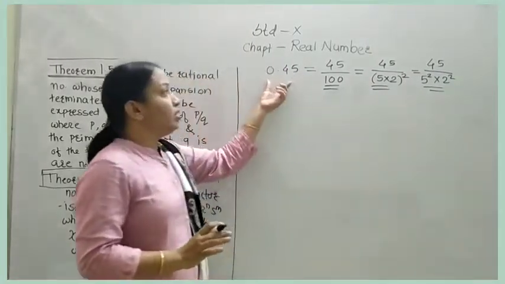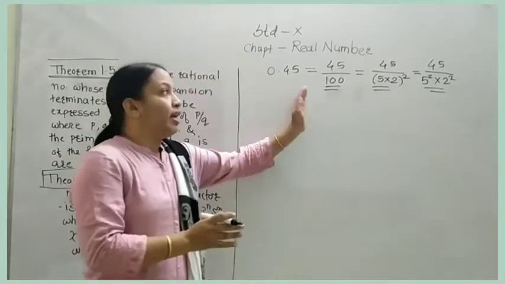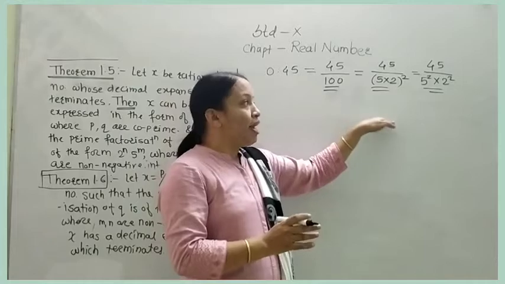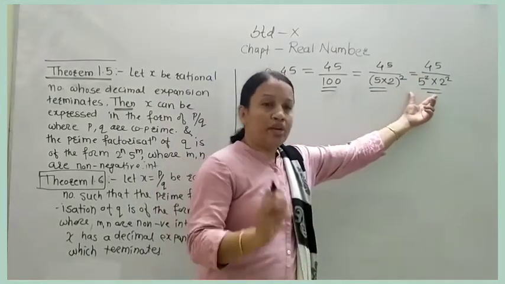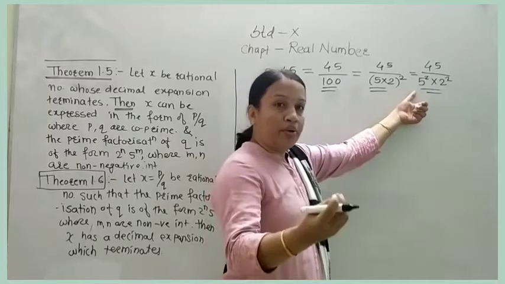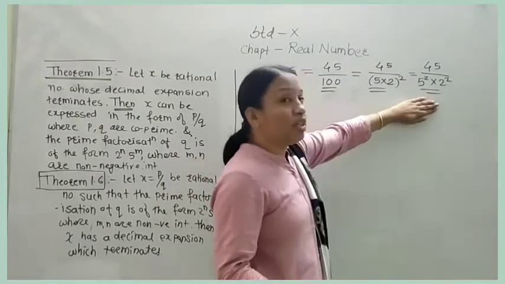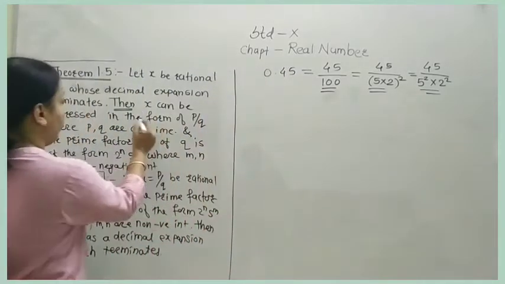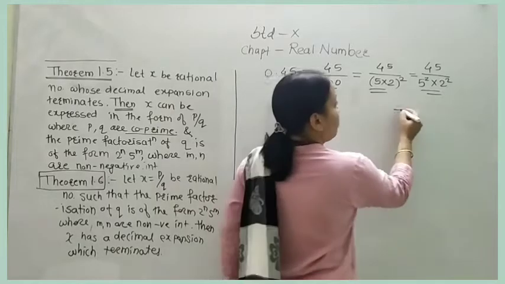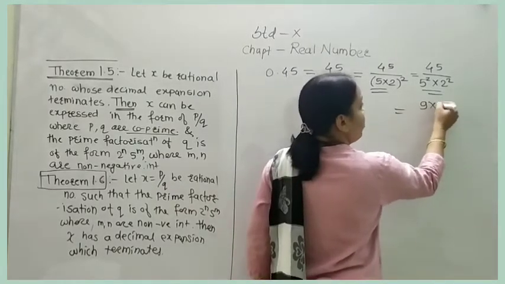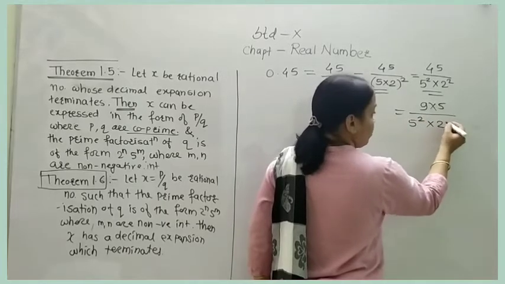Means whenever there is a decimal expansion which terminates, it can be written in p by q form, and its denominator has either a power of 5 or a power of 2 or both. Now it is not in the reduced form, because here it is given that they are co-prime, so you can reduce it. 45 is 9 into 5, and the denominator is 5 square into 2 square.